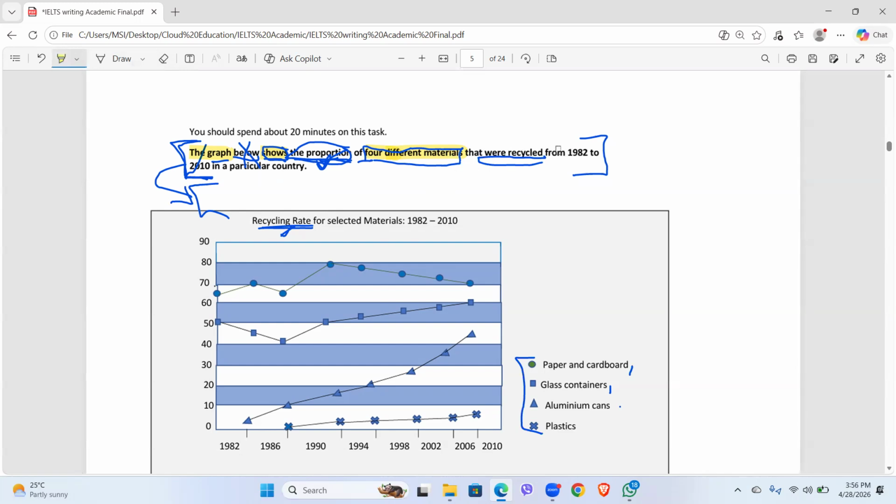Recycle, yes. From 1980 to 2010, what can we write? Maybe same. Can we say between 1982 and 2010? Yes. In place of from to, you can write between and. In a particular country, what can we write?